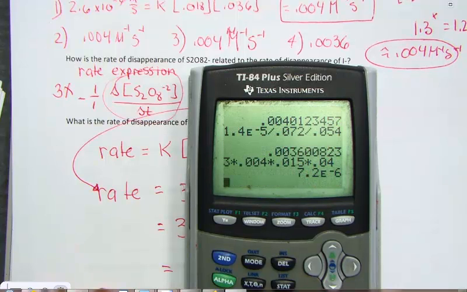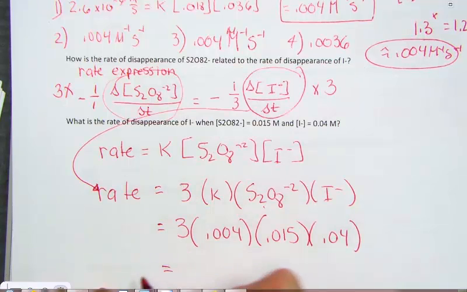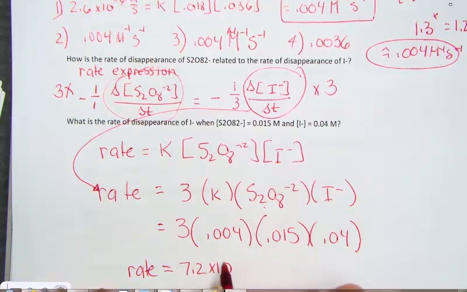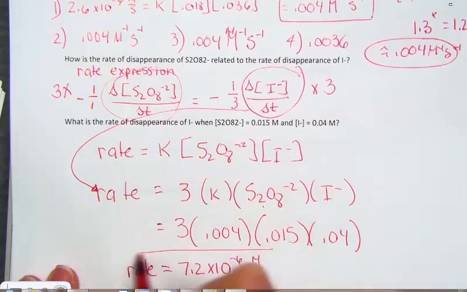And when I calculate that, 7.2 times 10 to the negative 6 is my rate. 7.2 times 10 to the negative 6, and that unit is molarity per second.